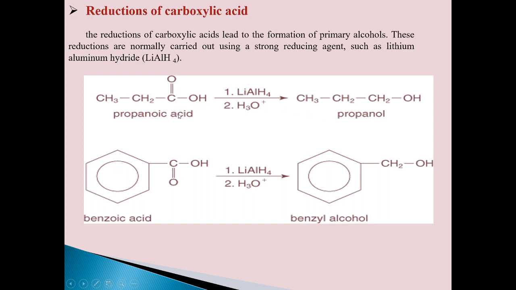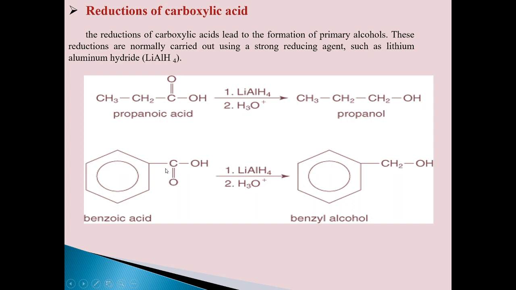Okay. The next example we have to see is benzoic acid. Benzoic acid is the benzene group attached to C double bond O, OH. This also reacts with lithium aluminum hydride in the presence of water. You also have to write H3O plus here, meaning it is in acidic solution.